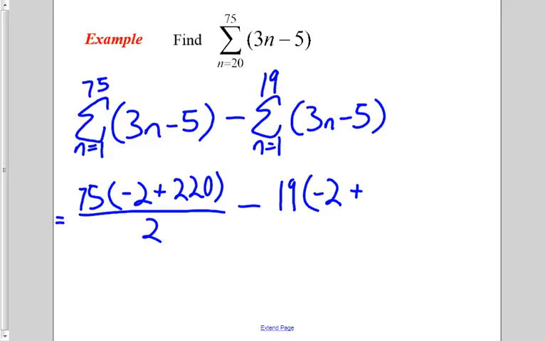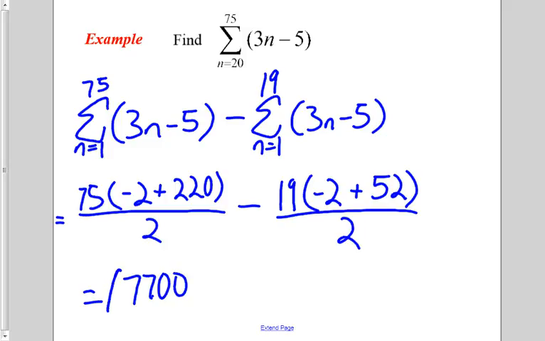So 3 times 19 minus 5 is going to equal 52. All of which is still divided by 2. Finally, I can subtract these two terms from one another and find my final answer is 7,700. And 7,700 is the sum from when n equals 20 to n equals 75 of 3n minus 5.